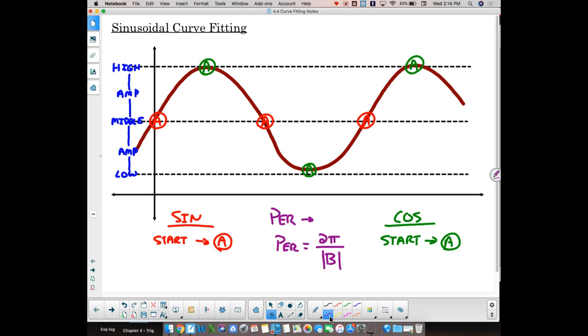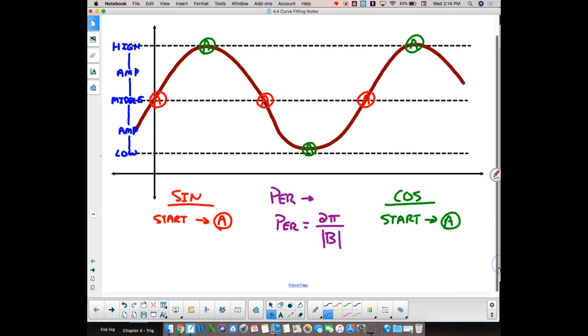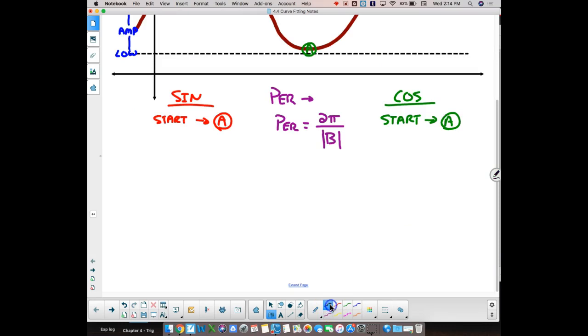Our goal today is to get either a sine or a cosine function. And that sine or cosine function is going to look like y equals a times the sine or cosine of b times the quantity x minus c, plus d.